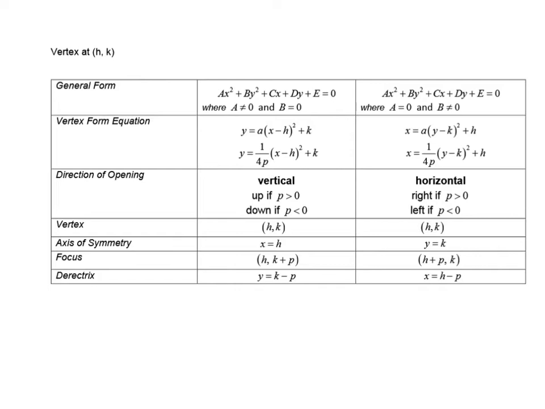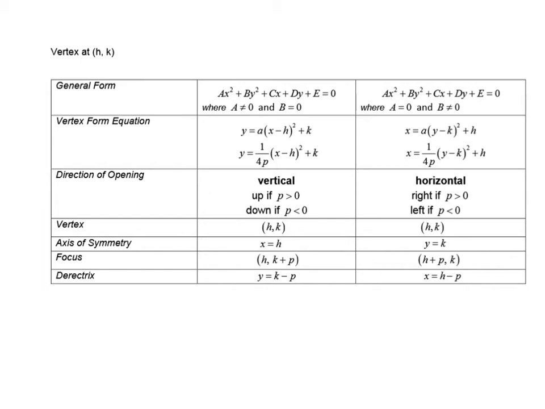And this value of p is actually the distance from the focus to the vertex and from the vertex to the directrix. And that value is always a positive number, because we're measuring distance, and distance is always measured as the absolute value of the distance between the point and the end point.